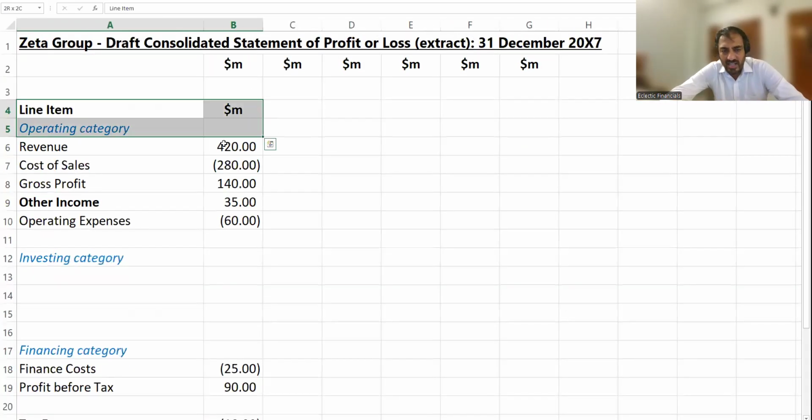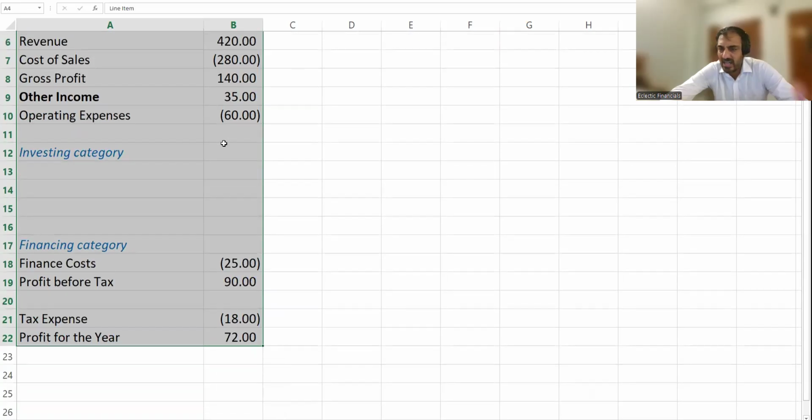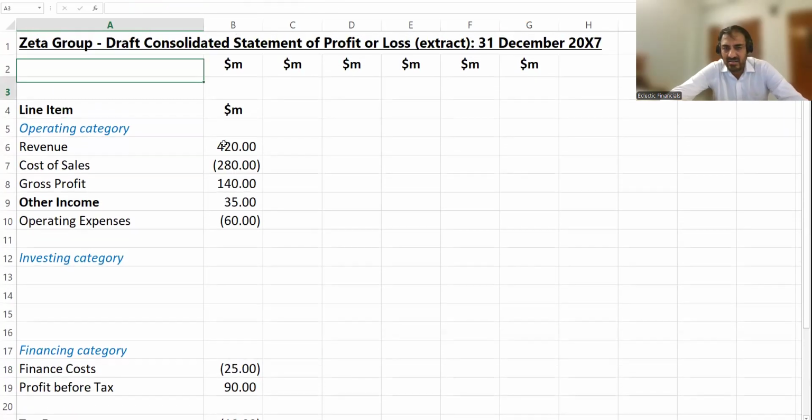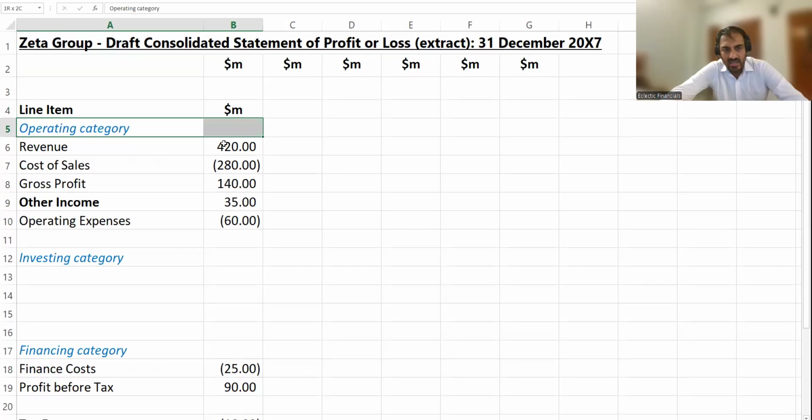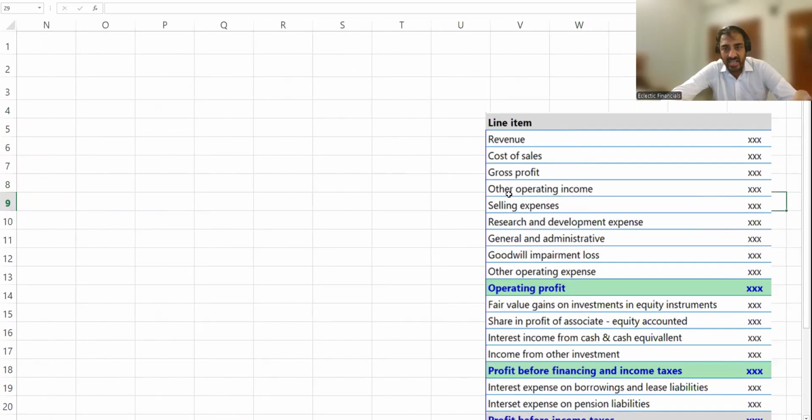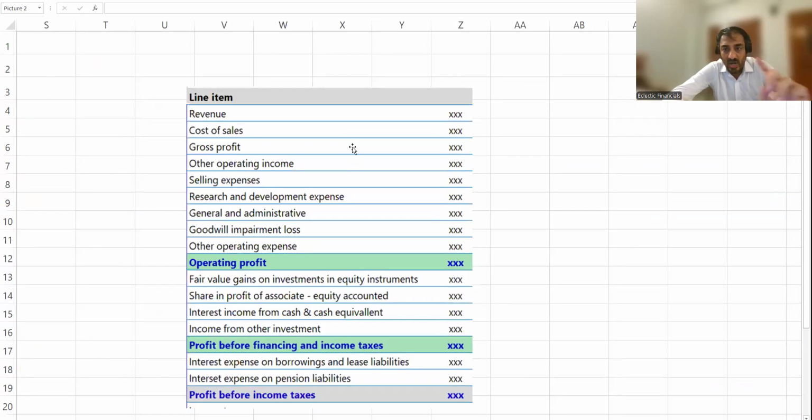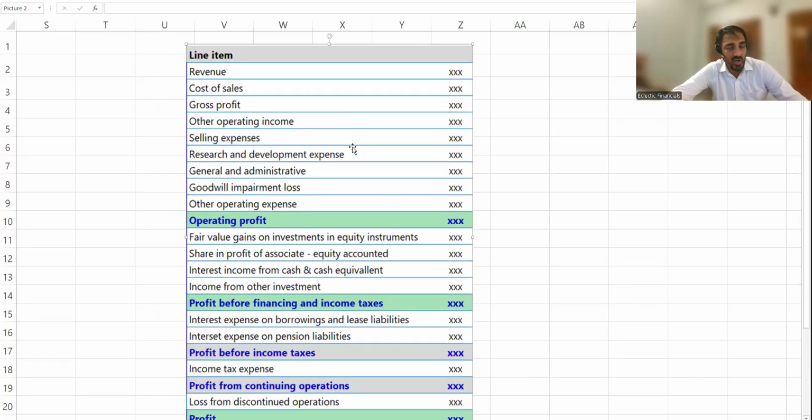These are the line items, something incomplete, and maybe some errors. It's given the term operating category. Do remember that the main P&L does not incorporate the headings of operating category, investing category, or financing category.